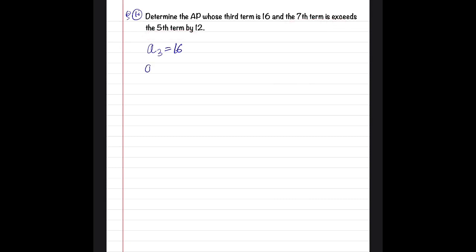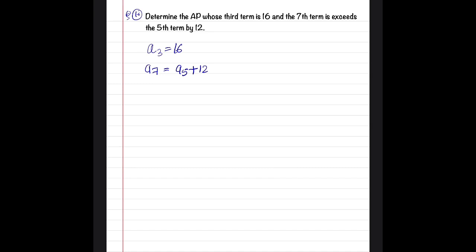So, A7 is equal to the 5th term plus 12, that is term by term. Okay. So, these are the given expressions we are writing in terms of equations. Now, we have to find the AP value.